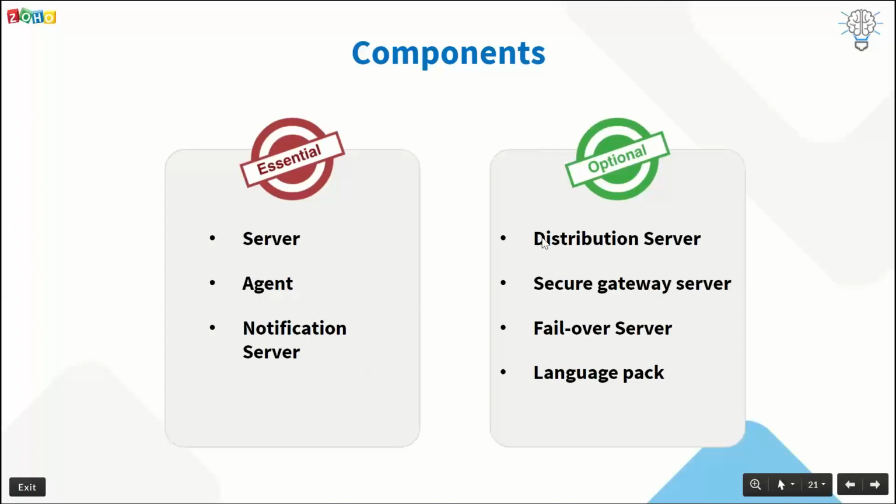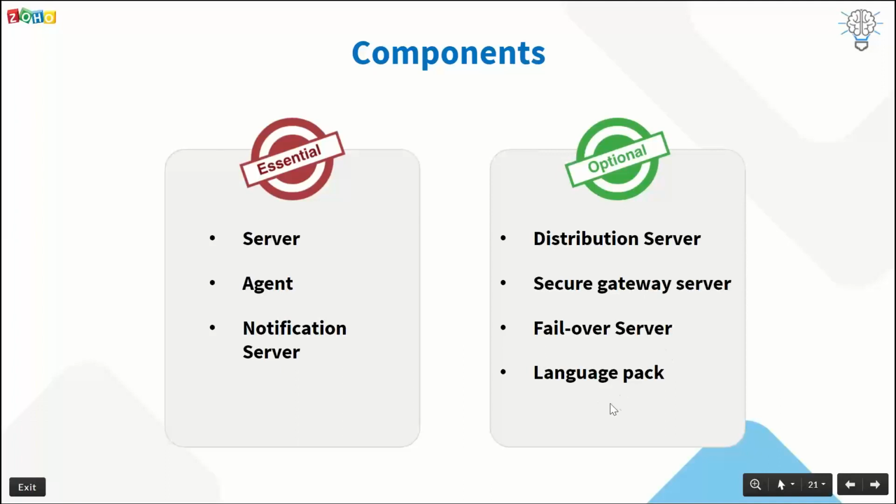As for the optional components, we have the distribution server that helps with bandwidth restriction in remote offices, secure gateway server that is used to ensure secure communications between the roaming agents and the server, the failover server, which is nothing but a backup server to the primary Desktop Central server.